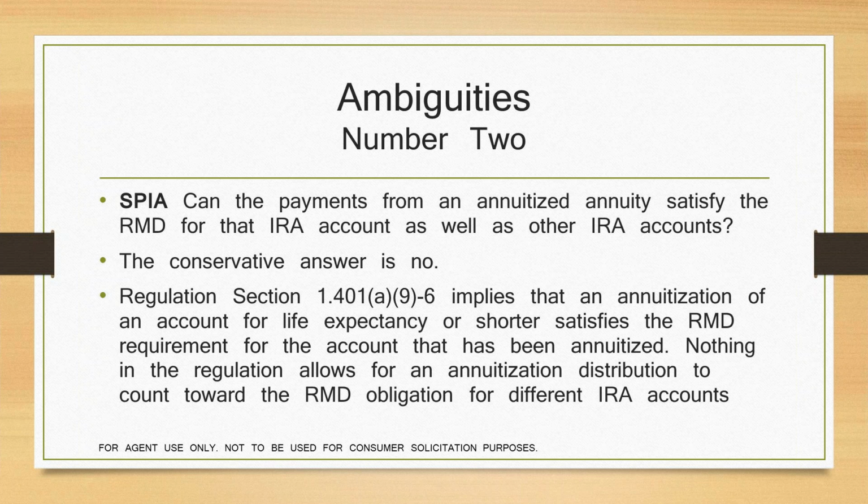And then there's also another ambiguity that comes up on a recurring basis. I pointed it out as well so that you know, and that is, let's say the client has 2 IRAs, each with a $100,000 balance. The client decides to annuitize one of the IRAs completely for a 10-year period certain, with the intention that the SPIA payments will go not just towards satisfying the RMD with regard to the IRA that was annuitized, but also with regard to the other IRA.